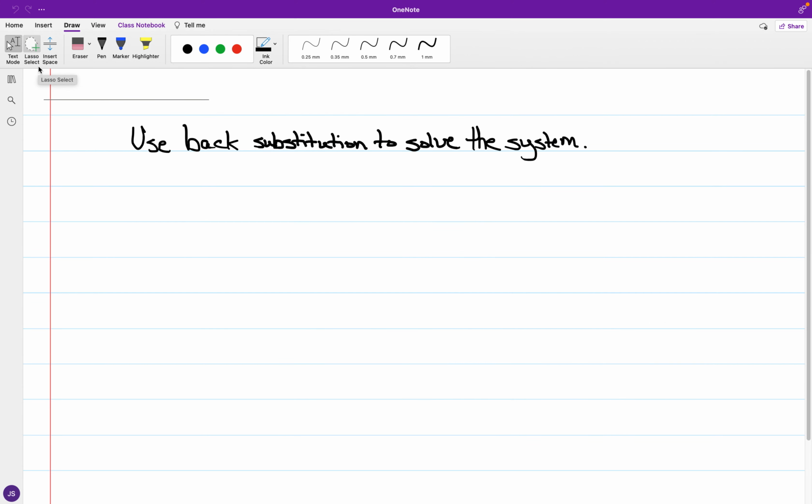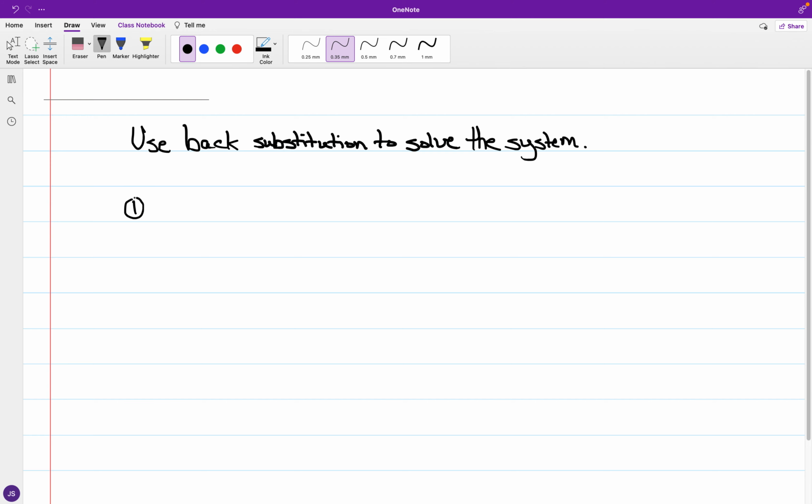Moving along, you might have some systems that are parametric, but you also might have solutions that consist of constants. We'll have this in the realm of using back substitution to solve the system.